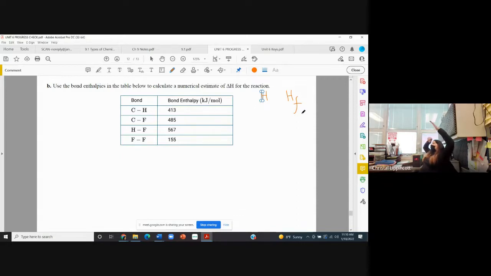So you might have one ask you to draw something like ozone, like your last test. And then the next part asks you to figure out the bond enthalpies of ozone. And then the next one, you're doing a reaction with the ozone and you've got to figure out the limiting reactant.